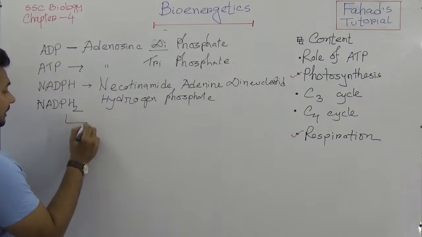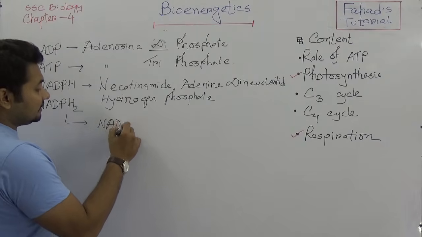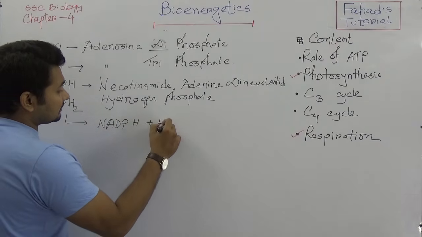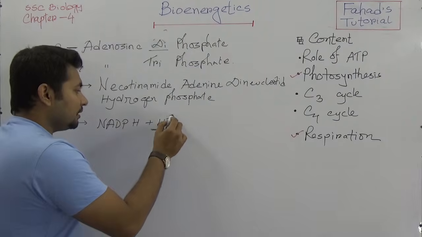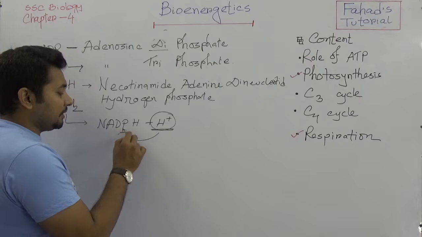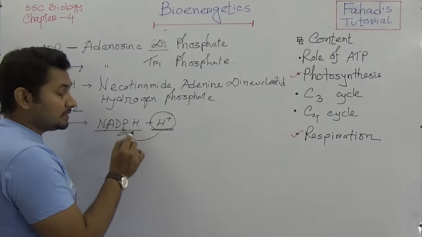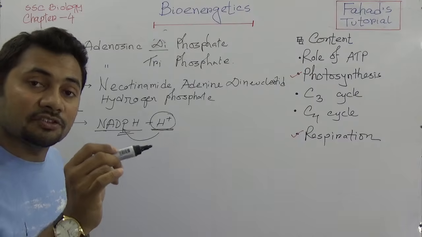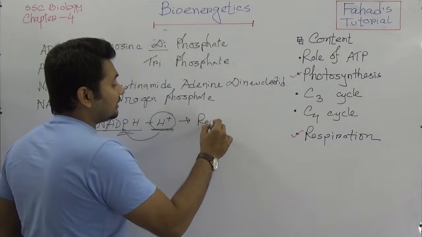But when it is NADPH2, it means NADPH plus H plus. Adding a proton to any compound is actually the reduction process, so when it is NADPH2, the name would be reduced NADP.